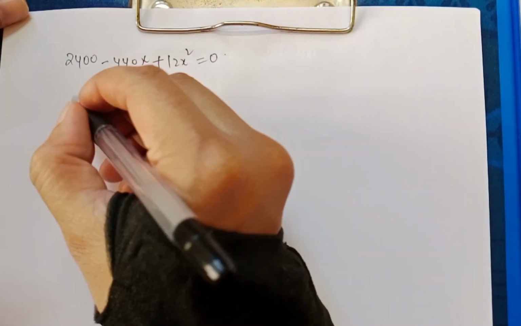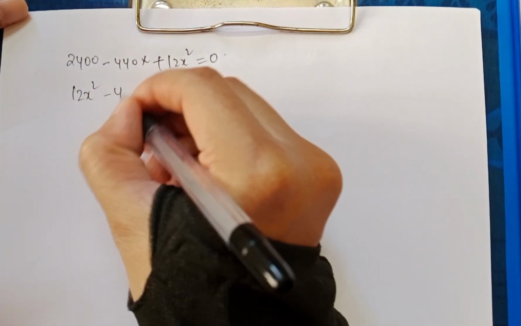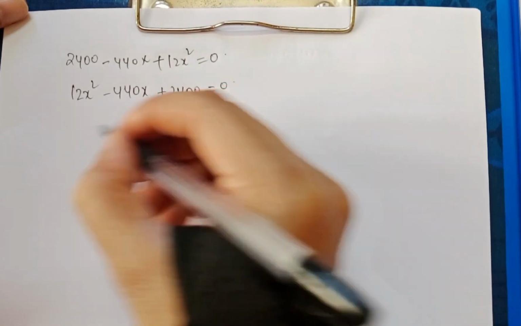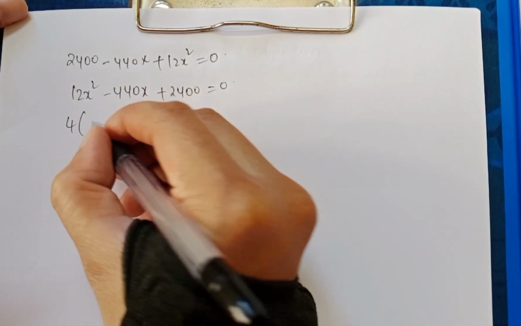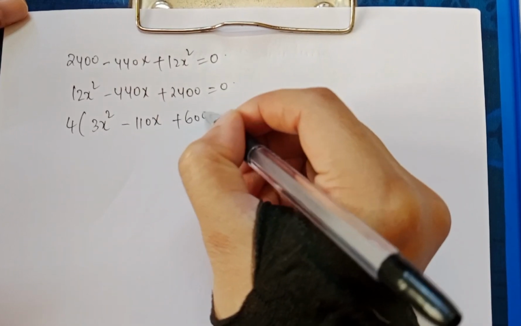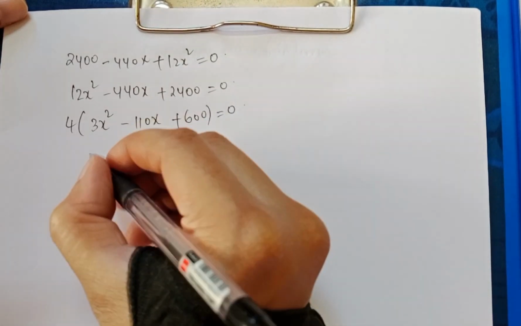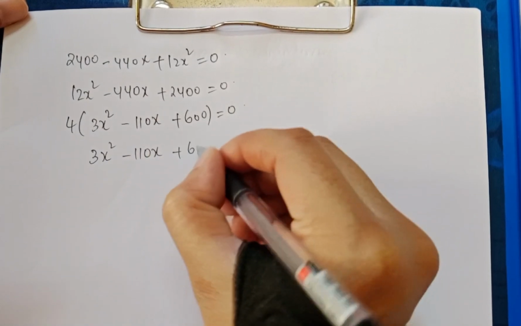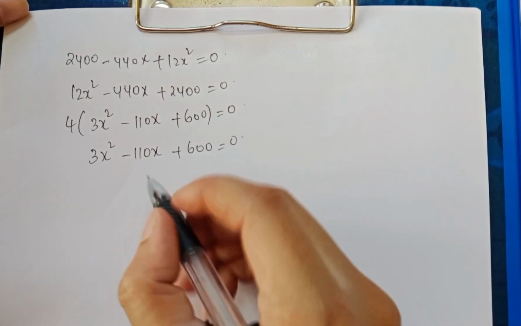Arranging it in order, it will be 12x square minus 440x plus 2400 equals 0. Taking 4 common, we get 3x square minus 110x plus 600 equals 0.